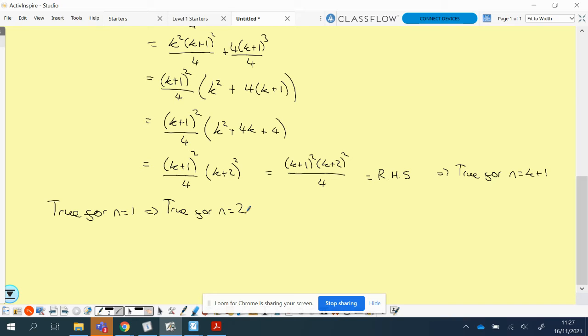And if it's true for n equals 2, then it is true for n equals 3, and you can see, etc. It would just go on and on and on. Therefore, true for all values of n by induction.